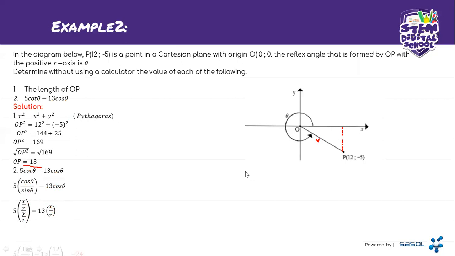The fourth step, you just substitute the values there, which is 12 over -5. If we simplify this one here, we are left with x over y, because this r and r cancel each other, giving us 1. Then we are left with x over y, where x is 12 and y is -5. X is 12, and r is 13. Then you press your calculator, and it gives us -24.